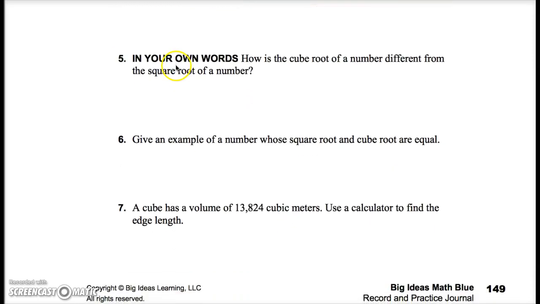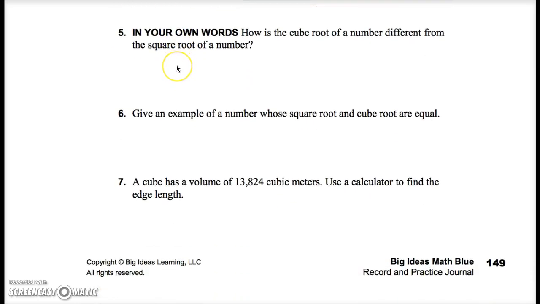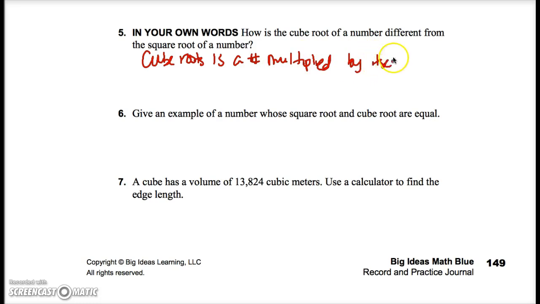In your own words, how is the cube root of a number different from the square root of a number? We talked about this at the beginning. Okay, a cube root is a number multiplied by itself two different times.